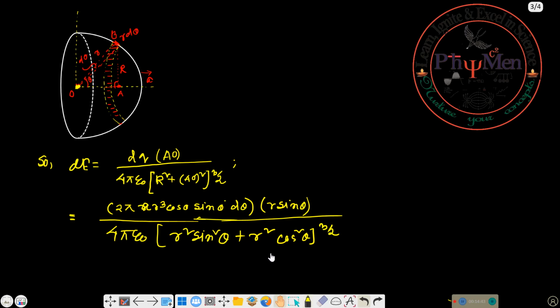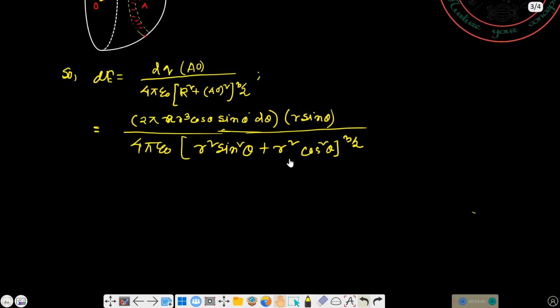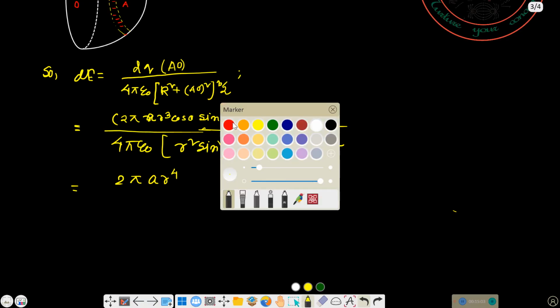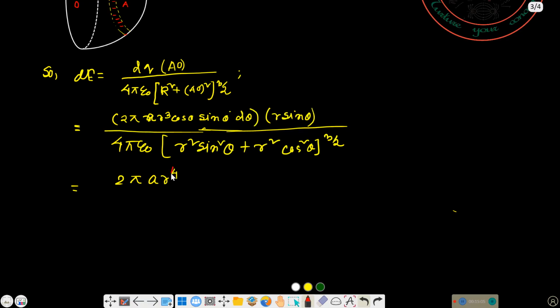If you do this calculation, you will get 2 pi a r cube, here one another r, so r to the power 4, because this r cube and this r make r to the power 4. Then sin theta, cos theta.